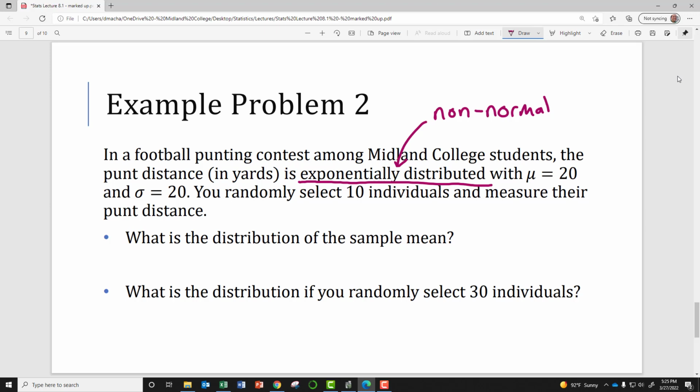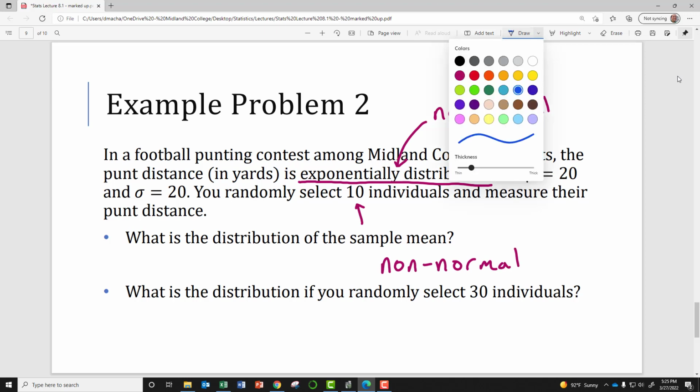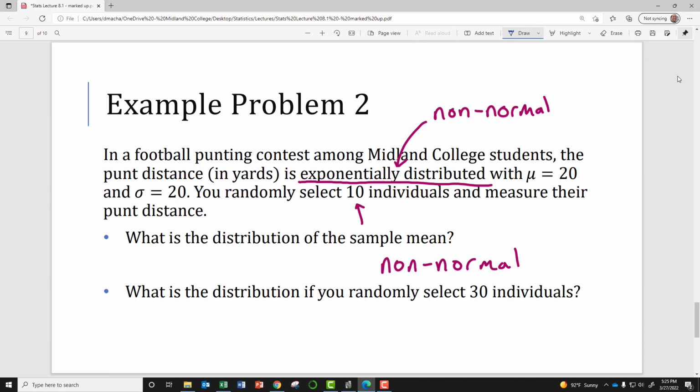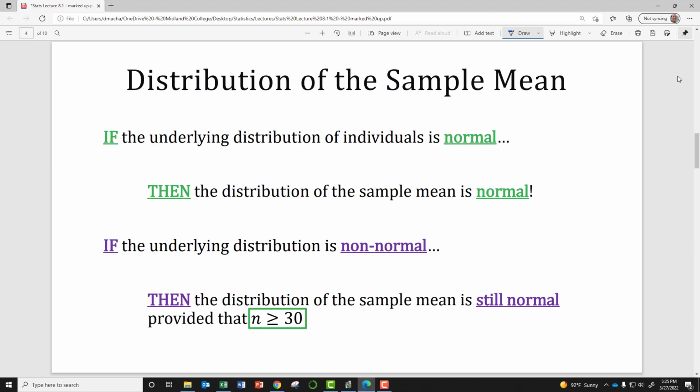So what is the distribution of the sample mean? Well, notice we only selected 10 individuals, and so that would mean that this sample mean follows a non-normal distribution. The underlying process wasn't normal, and I didn't select a large enough sample size to make that normal. But if we randomly select 30 individuals, then let me remind you of what we said on the previous slide.